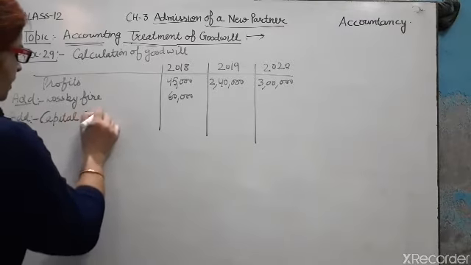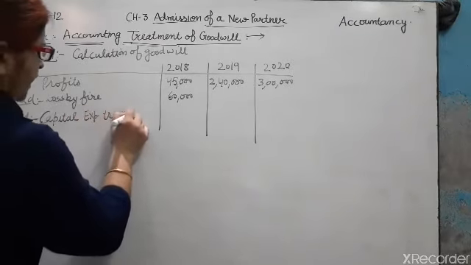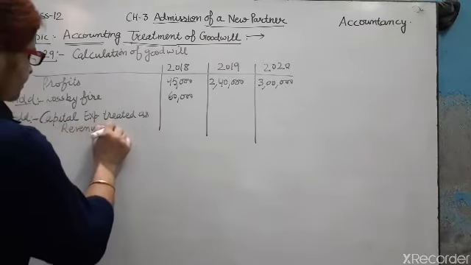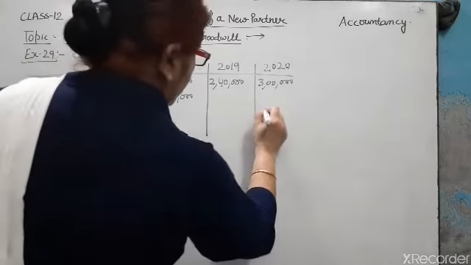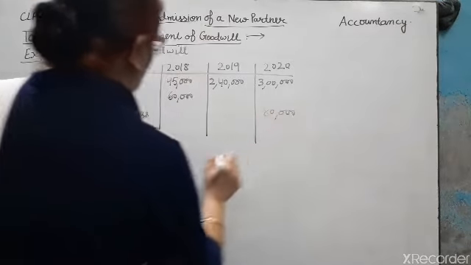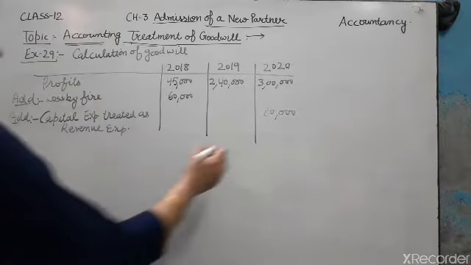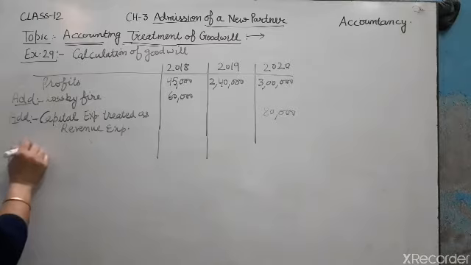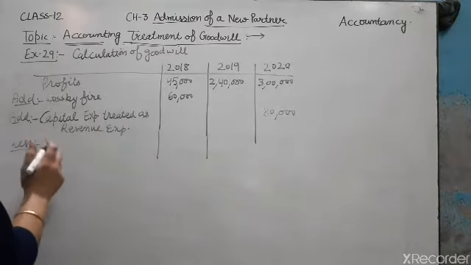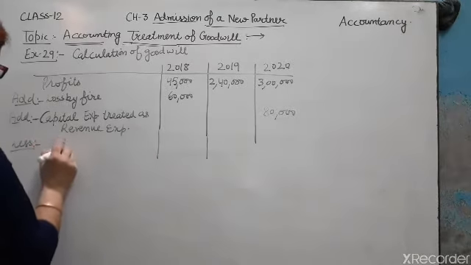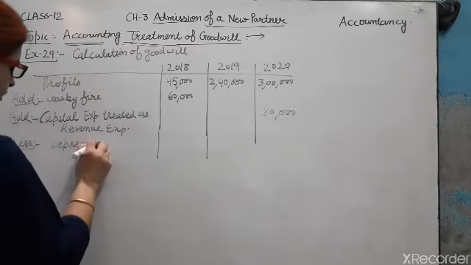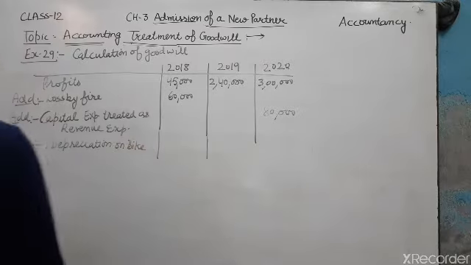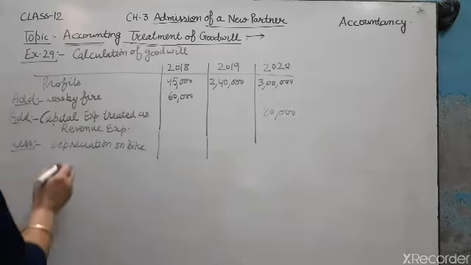So, we solve this adjustment. Capital expenditure treated as revenue expenditure. That is 80,000 added to the profit of 2020, and there is a depreciation. Depreciation is a loss, so we subtract it. Depreciation on bike at the rate of 25%.